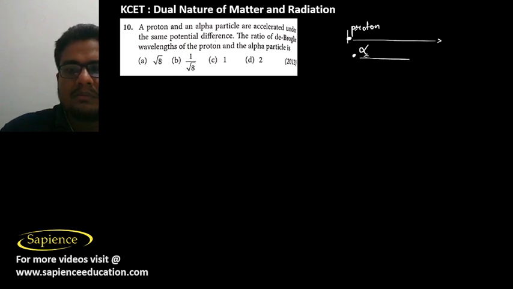The ratio of the de Broglie wavelengths of the proton and the alpha particle is asked.